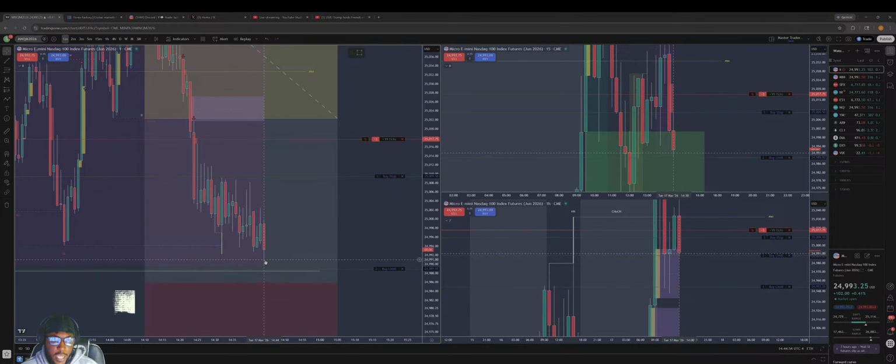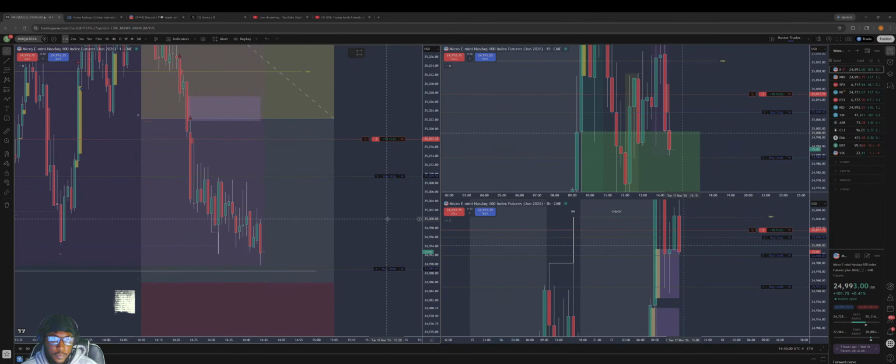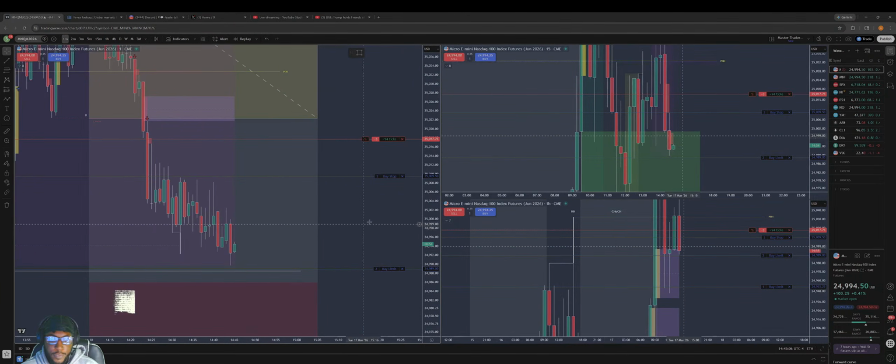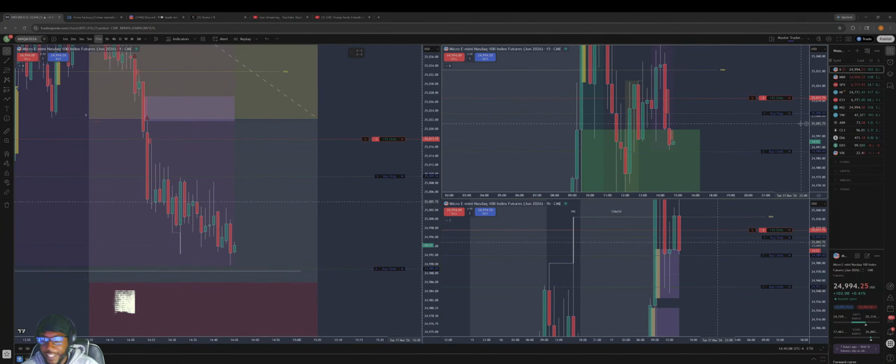You see how price came down? Boom! It spiked right before my first TP right here. Right before my first TP. This is snail action right here. Normally price doesn't move this slow or this inefficient.